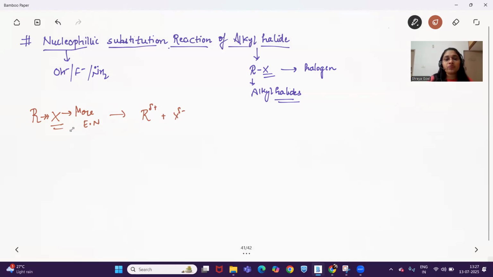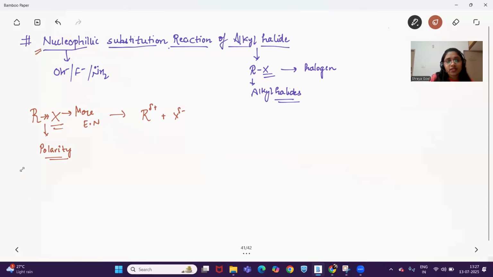Due to this polarity, the bond will break, and for that reason we can study nucleophilic substitution reaction of alkyl halide. This is the basic concept of how and why nucleophilic substitution reaction takes place in alkyl halide.